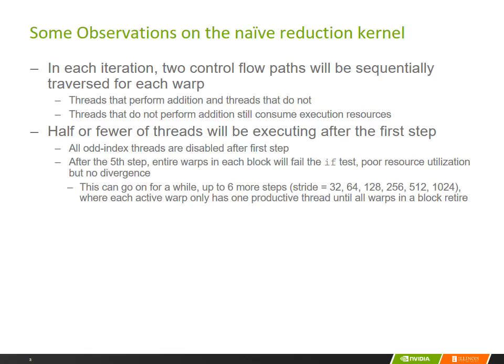In each iteration, we have an if statement that determines whether the thread will be executing the addition or not. Therefore, there are two control paths taken in each iteration: the threads that perform addition and the threads that do not. And this is implemented as control divergence in the GPU.